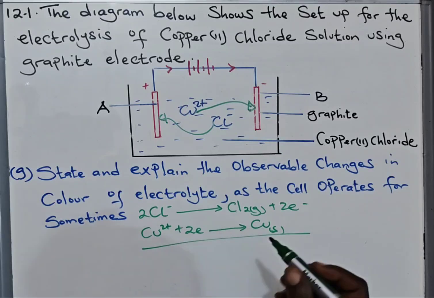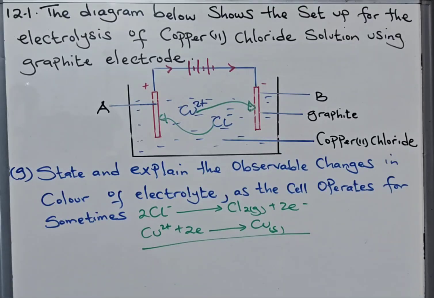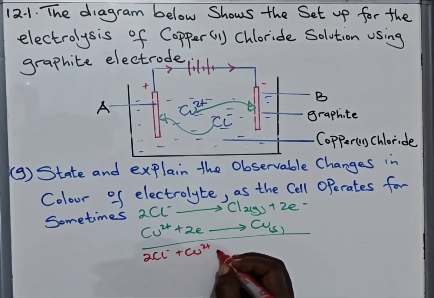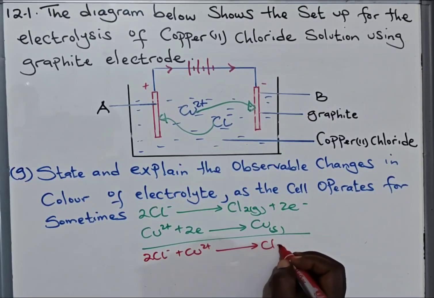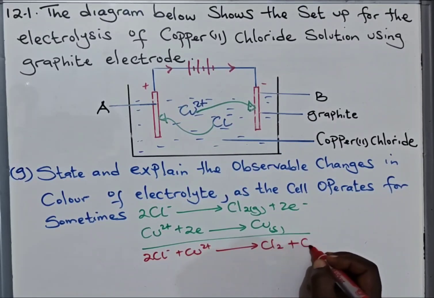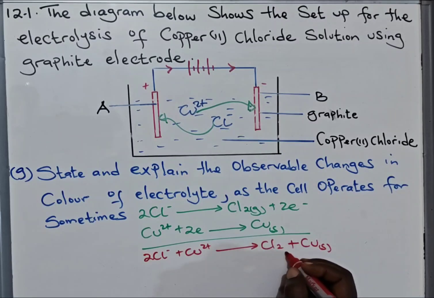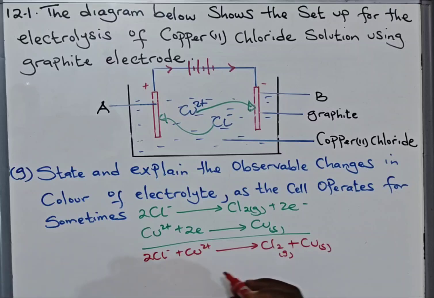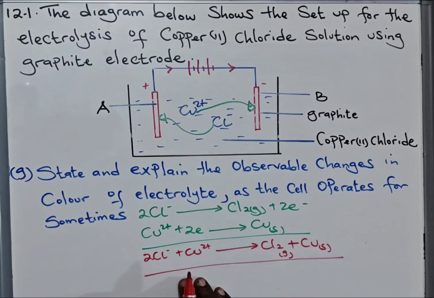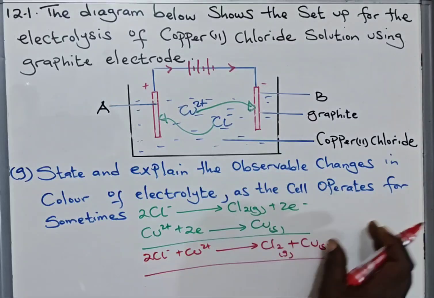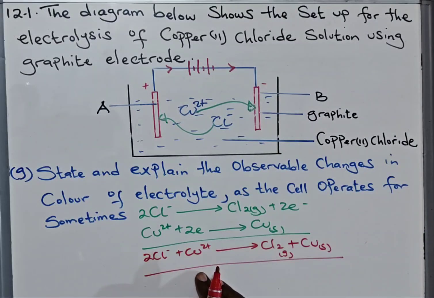This gave us the net reaction, which is 2 chloride ions plus copper 2 ions, giving us chlorine gas plus copper solid. Yes, this is the net, and our answer about how the electrolyte will change comes from this net.